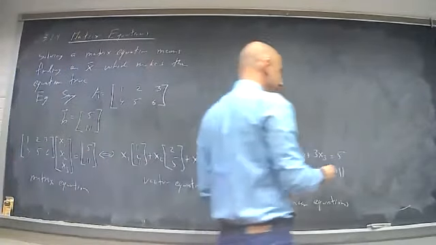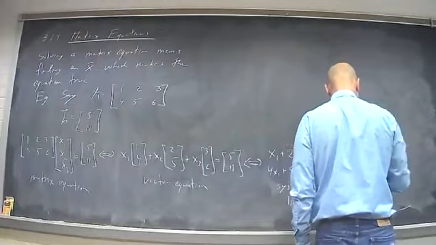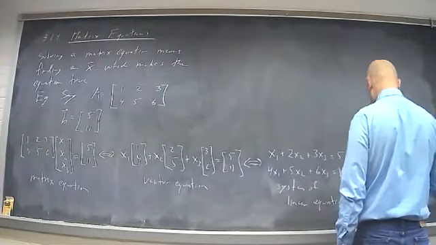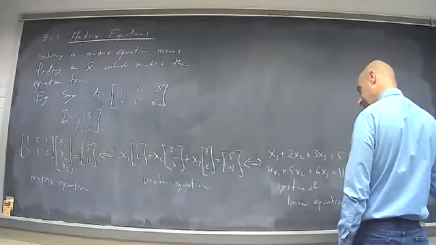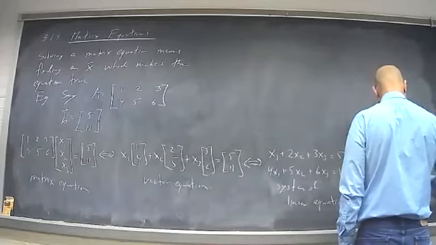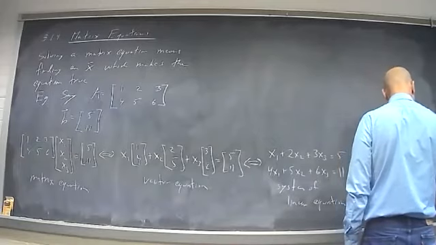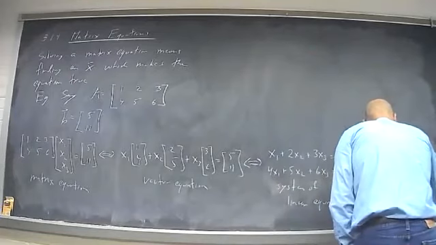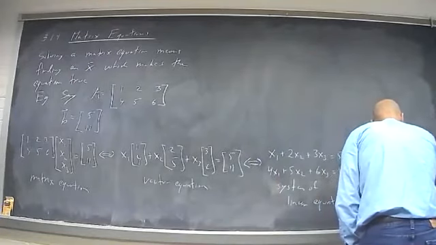I could also write this as an augmented matrix, to save the most writing: [1, 2, 3, 4, 5, 6 | 5, 11]. They're all the same. They're all equivalent anyway.